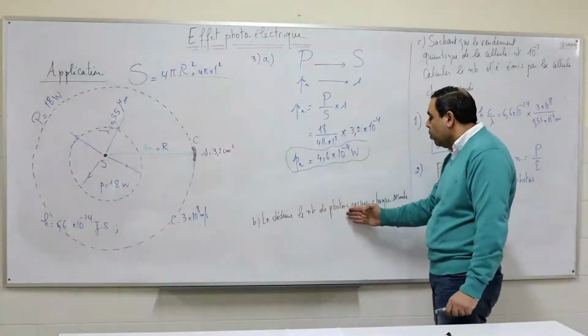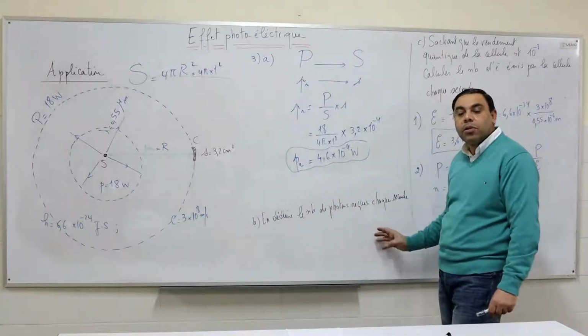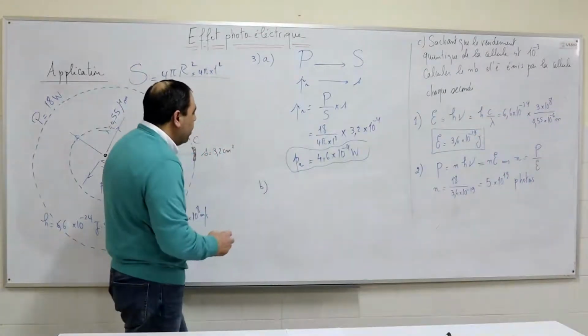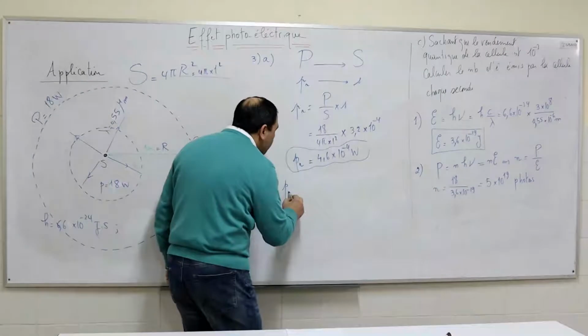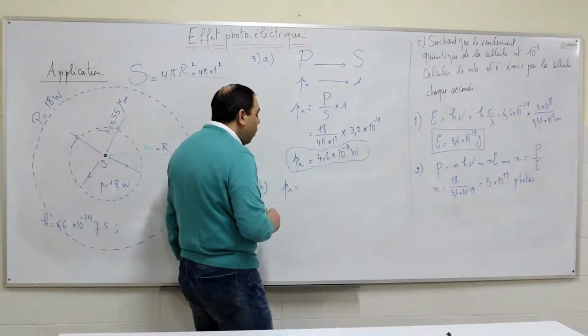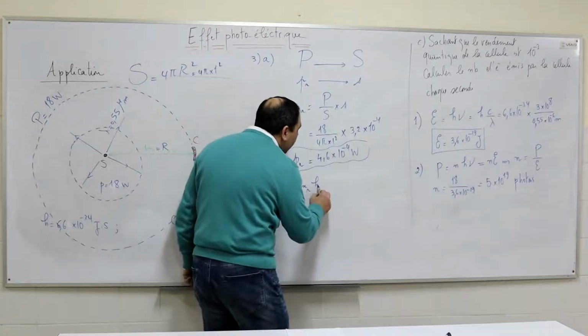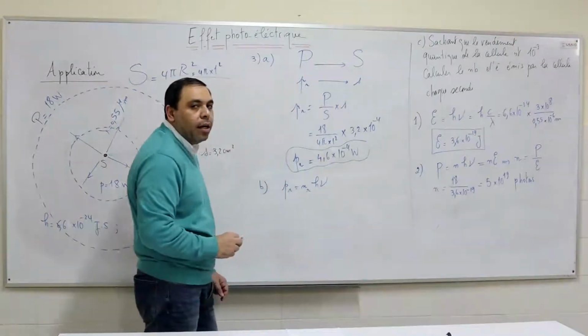In part B, deduce the number of photons received by the cathode in each second. PR is equal to the number of received photons, which is nr, multiplied by the energy of a photon, which is h nu.